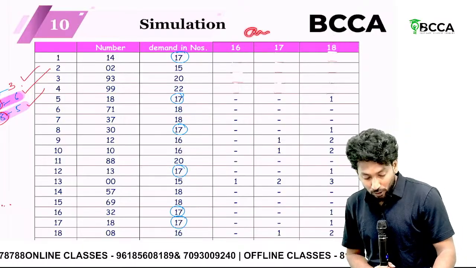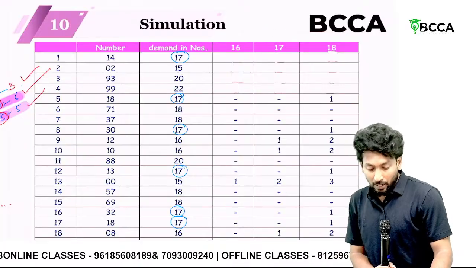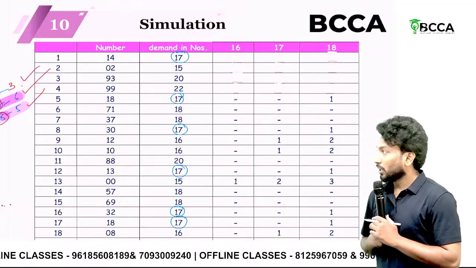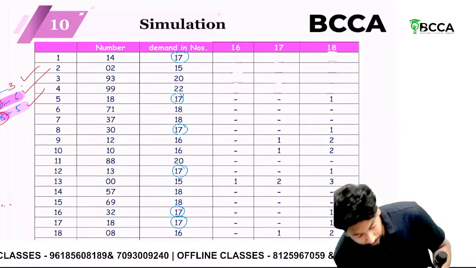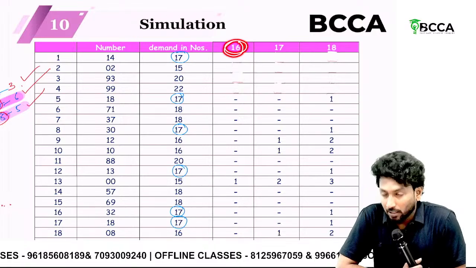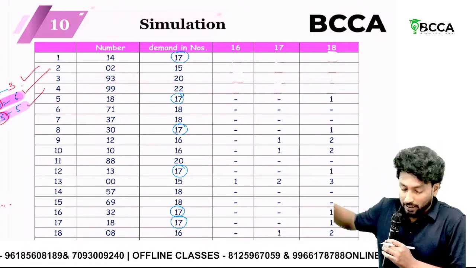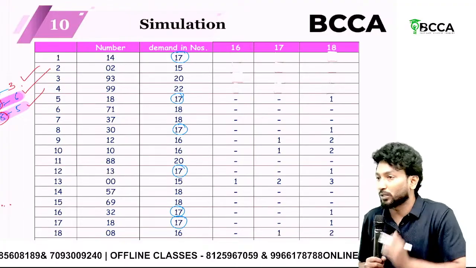Calculation of the number of books unsold for the 16, 17, 18 book alternatives. Here is how we have to understand it. First one: 16 means I have ordered 16 books, so in my store I have 16 books.